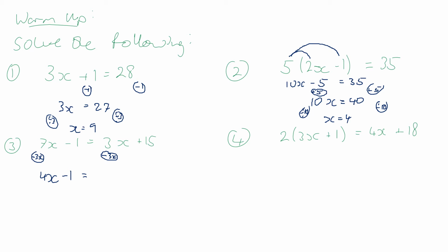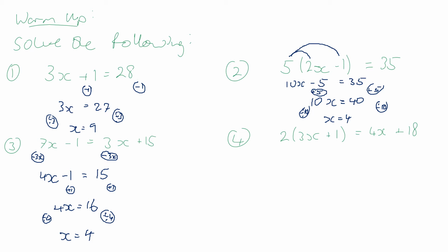The 3x has disappeared because I've subtracted it, so I'm just left with 15. Okay, so the inverse of taking away 1, we need to add 1 to both sides. We get 4x is equal to 16, and then finally divide by 4, we get x is equal to 4. Okay.